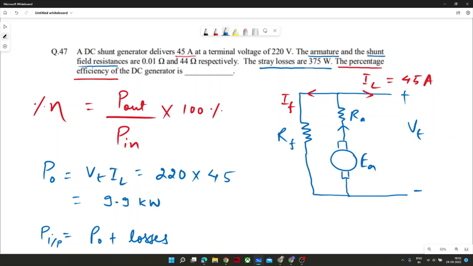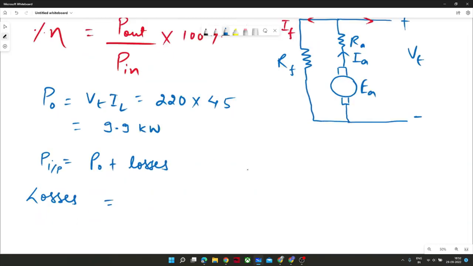Any other loss? Copper loss would be there. In which component? Field component and armature component. Right, correct, perfect. So one would be IA square RA and one would be IF square RF.